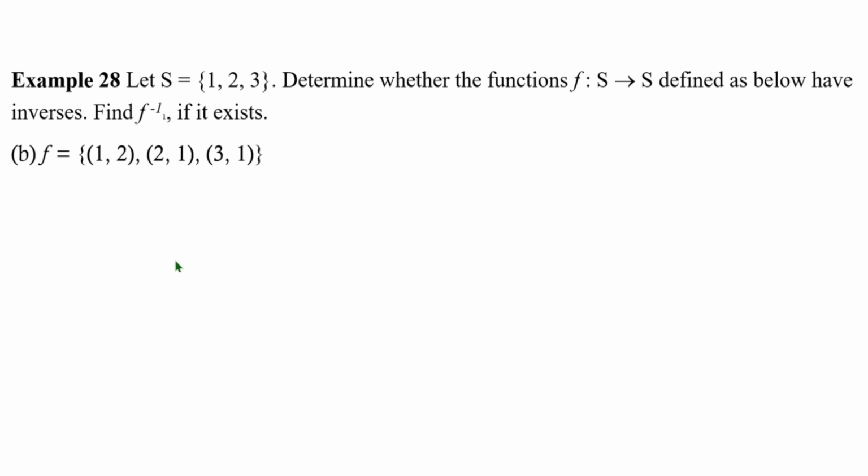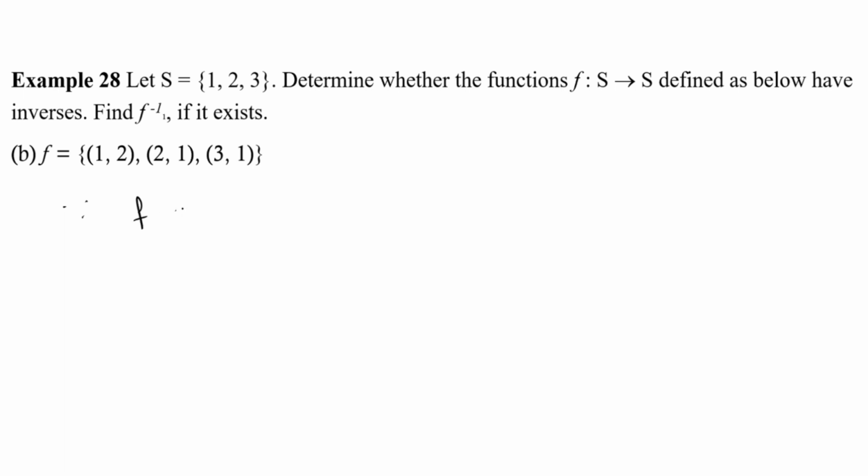Next question, f is equal to 1, 2, 2, 1, 3, 1. Here if you see, the two elements 2 and 3 have the same image 1. So this function is not 1 to 1. So since f is not 1 to 1, f inverse does not exist.